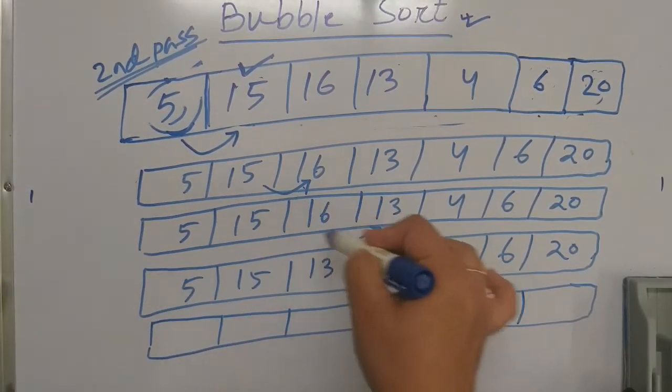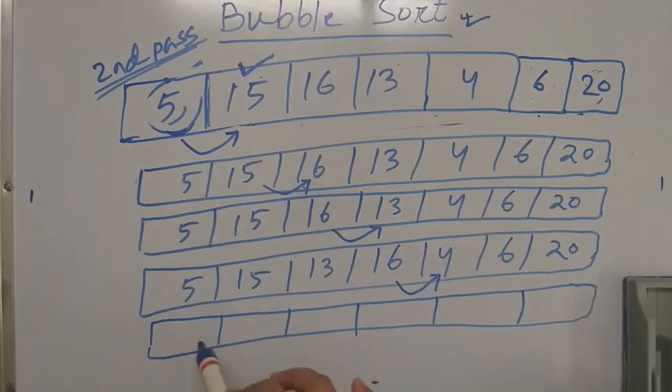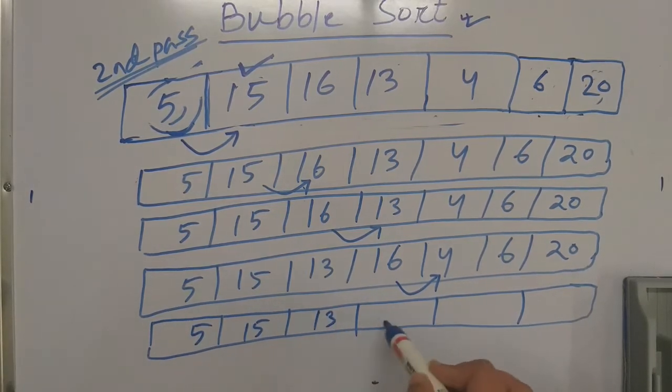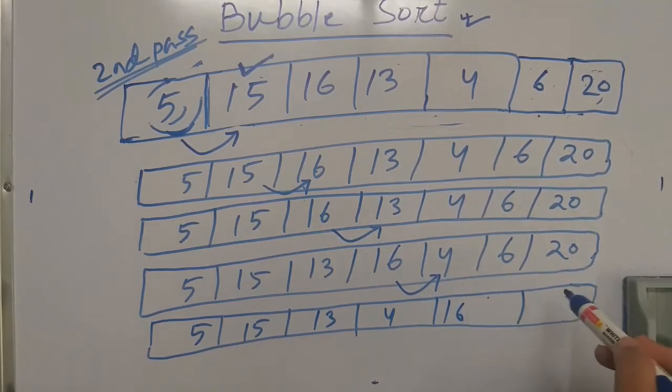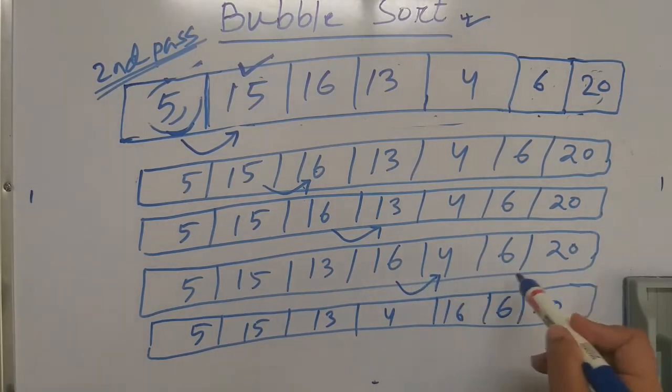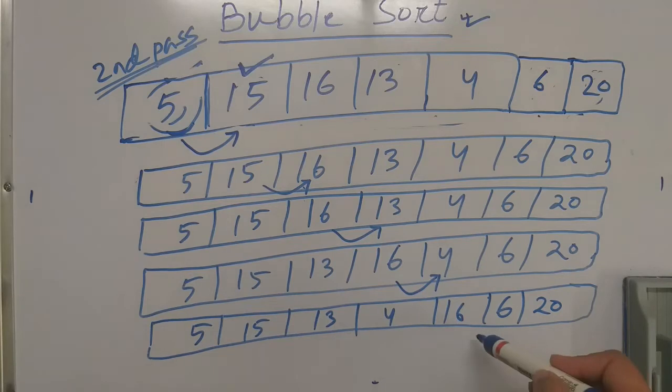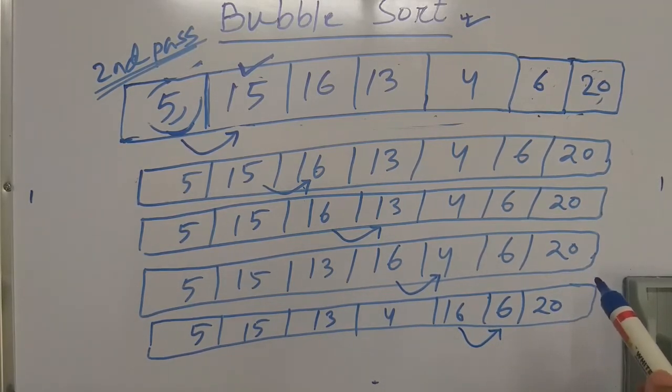So 5, 15, 13, 4, then 16, then 6, then 20. Is it so or not? 16, 4, 6 and 20. Next, 6 is compared with 16.